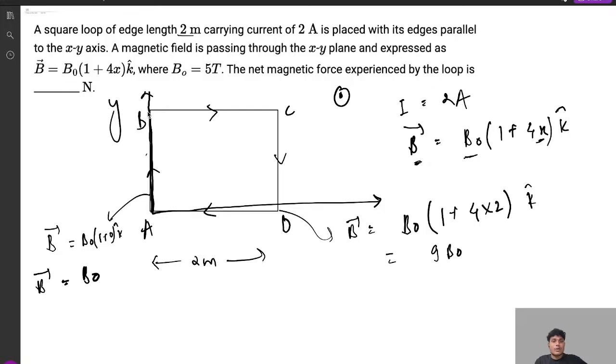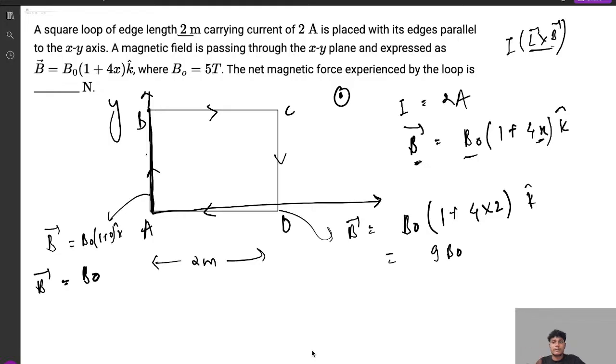ओके, ओनली एक्स डायरेक्शन में मैग्नेटिक फील्ड चेंज हो रही है, तो थ्रू आउट द प्लेन ए बी मैग्नेटिक फील्ड क्या रहेगी? सेम रहेगी. एंड थ्रू आउट द प्लेन सी डी मैग्नेटिक फील्ड रिमेन्स सेम. लेकिन बी और सी के लिए दोनों में चेंज करेगा. अब देखो, अगर अपन ए बी पे फोर्स देखें, करंट कैरिंग वायर में फोर्स क्या लगता है? I into L cross B, right?